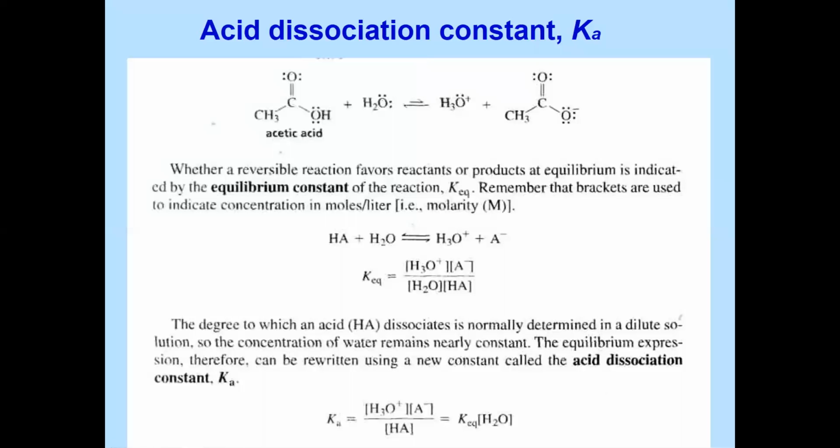Acid dissociation constant. The degree to which an acid dissociates is normally determined in a dilute solution, so the concentration of water remains nearly constant. The equilibrium expression, therefore, can be rewritten using a new constant called the acid dissociation constant.